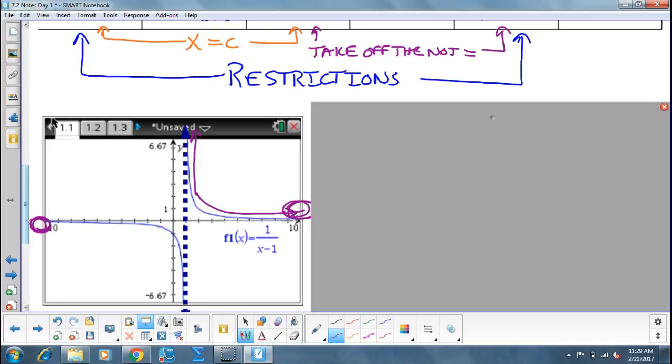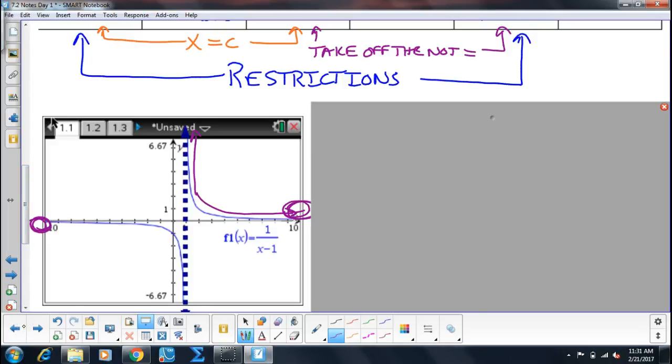How do we know mathematically that that function 1 over x minus 1 will never be 0? Nope. Without even looking at the graph, I know that this function will never be 0. We talked about it the last 2 class periods. How do I know that that fraction will never, ever be 0?